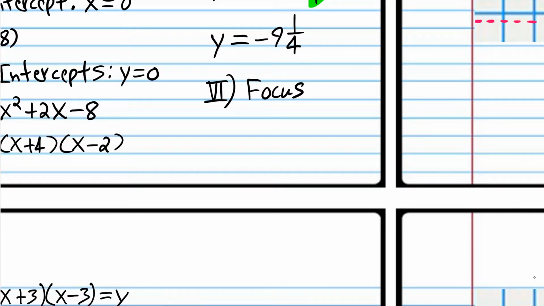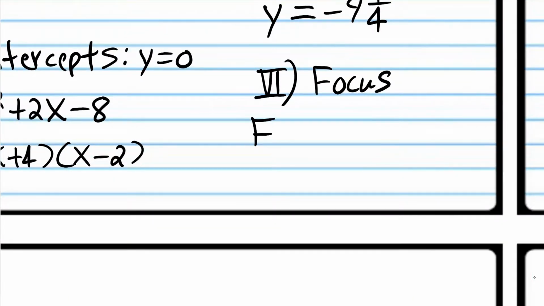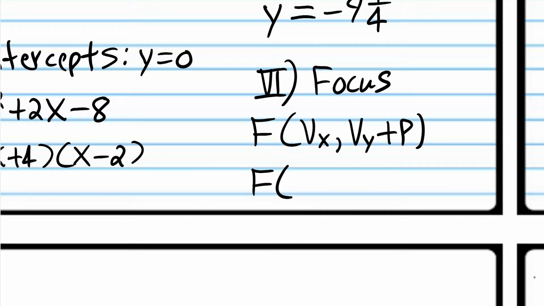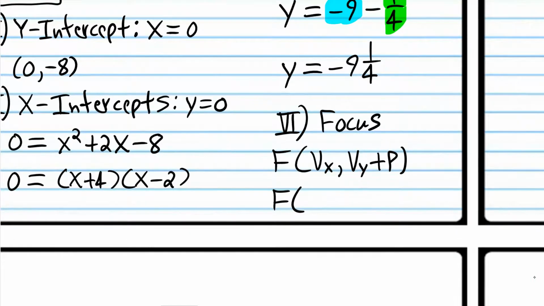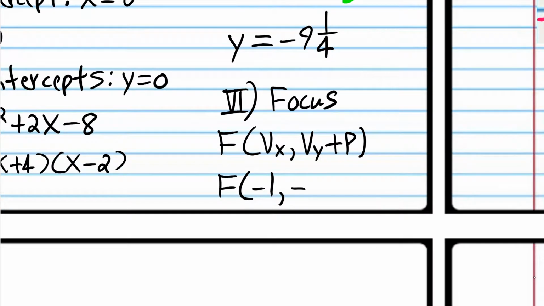And to find the focus, we just plug in the x value of the vertex, and then the y value of the focus is the y value of the vertex plus P. So the x value of the vertex is -1, and the y value of the vertex is -9, and then we're going to add 1/4.